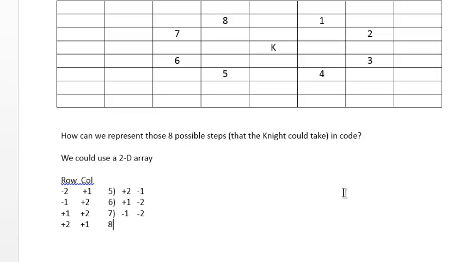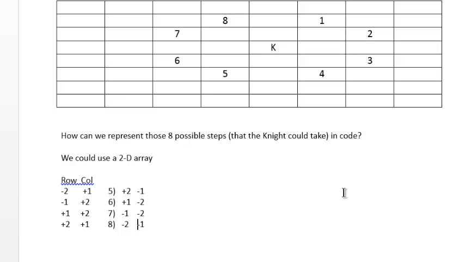And number 8 is minus 2 rows, minus 1 column. So we could store these offsets in a two-dimensional array that has 8 rows and 2 columns. Then we would randomly select 1 through 8 and try to take the step based on the offsets for row and column. So let's just see how that works.